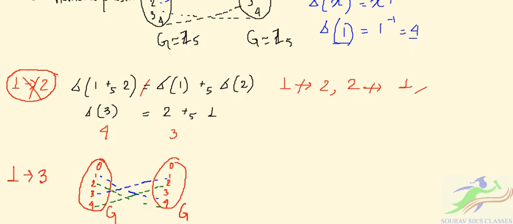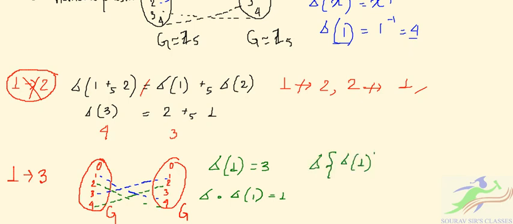We can write sigma 1 in our case is 3, right? Now if we compose sigma with sigma of 1, it will be 1, from the second condition. So sigma of sigma of 1 is equal to 1, and since sigma of 1 is 3, sigma of 3 is equal to 1, right?